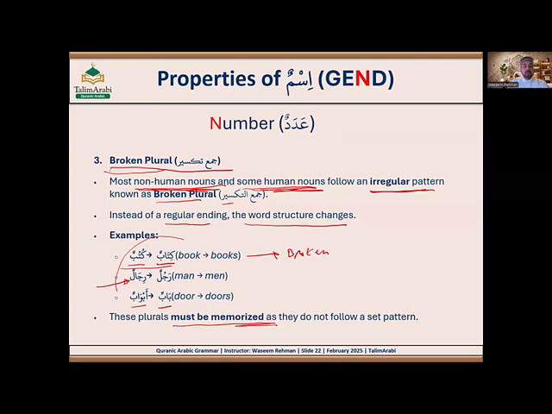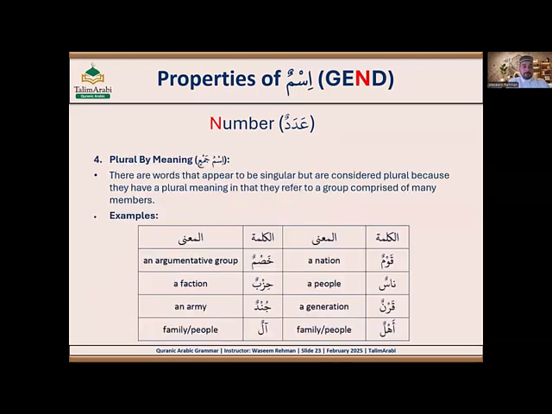So you have to know how to use an Arabic dictionary to find the plural of a broken word or object, because they do not follow a pattern. All right. So the broken plural must be memorized. They do not follow a set pattern.